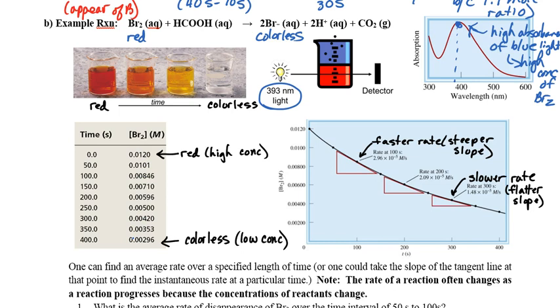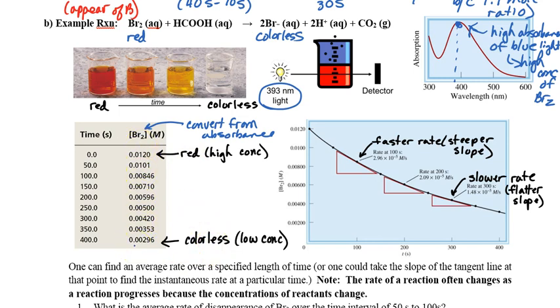They convert from absorbance, right? They use Beer's law, and they're going to then get their concentrations. So when you have high concentration of Br2, it's because it's a really red solution. And as the reaction proceeds, it eventually will turn colorless and the concentration of Br2 is decreasing.